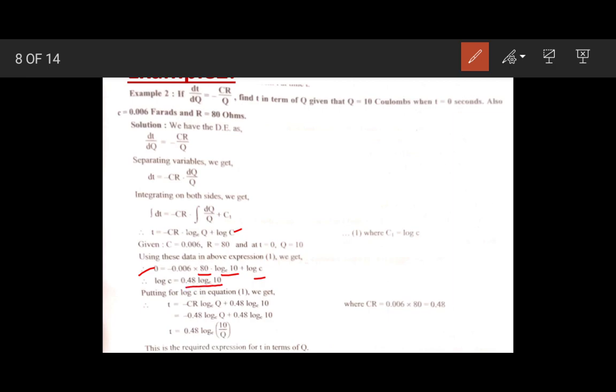Now putting log C in equation 1, we get T is equal to minus CR log Q plus 0.48 log 10. So T is equal to 0.48 into log of 10 upon Q, which is the required expression for T in terms of Q.